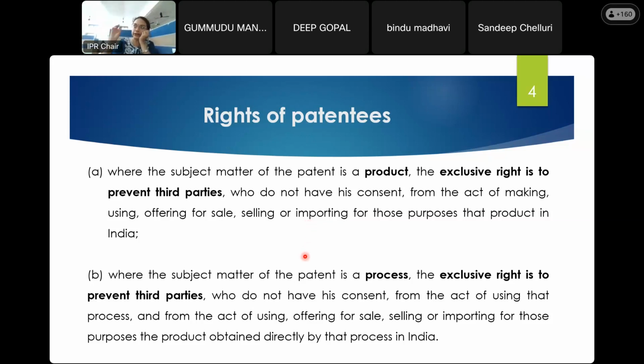If your patent is on a process, you can do basically the same thing, but another point is also included: the act of using that process, and likewise the act of using, offering for sale, selling, or importing in India the product that is obtained by that process.